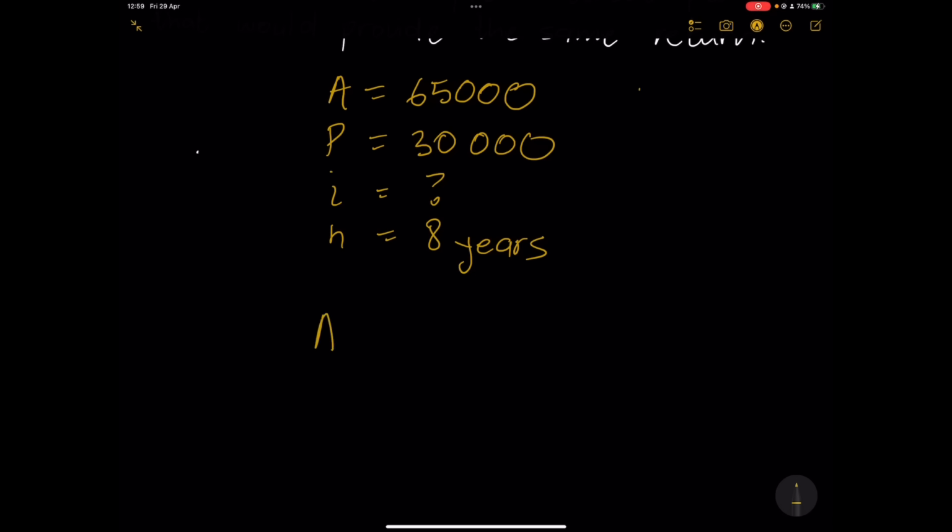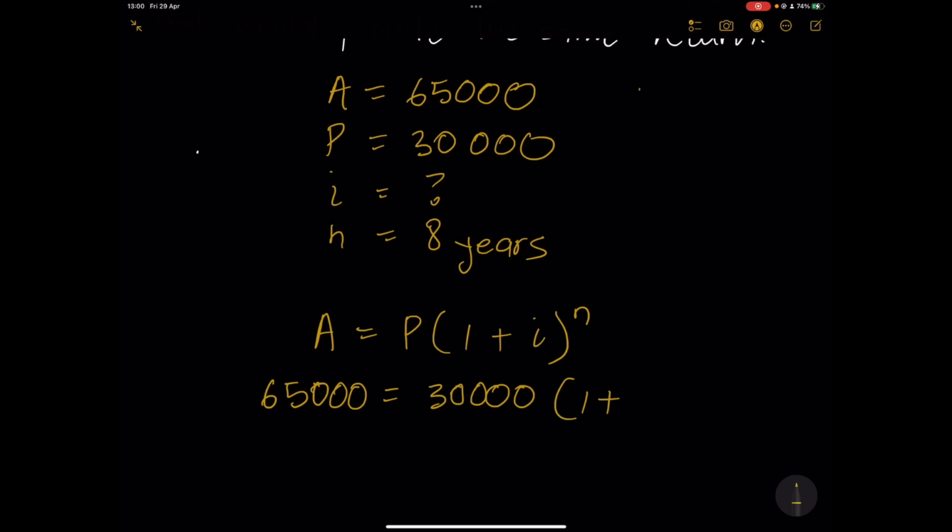So in this case, we're going to consider our normal compound interest formula, right? Because we are compounding annually. So we know that that 65,000, that's our accumulated amount. Our principal is 30,000, okay, times 1 plus, we want the interest rate in this case, and this would be to the power 8.